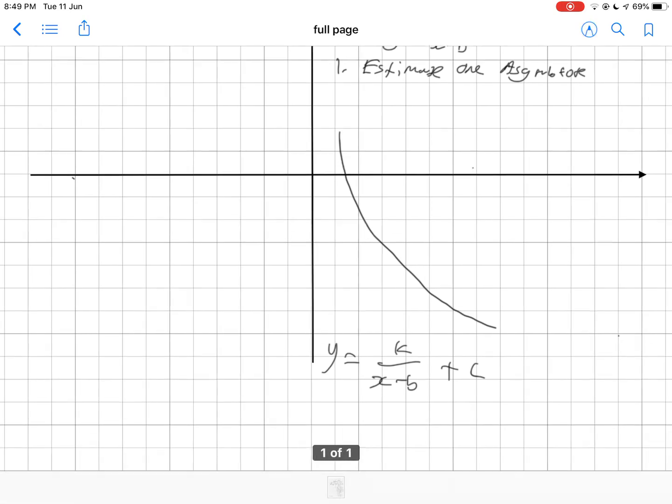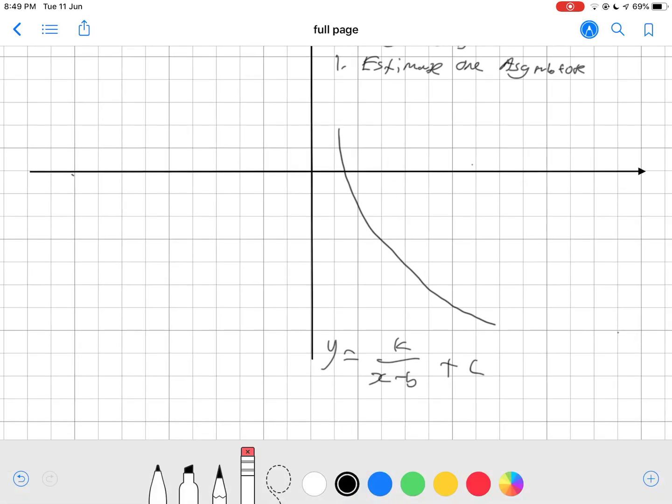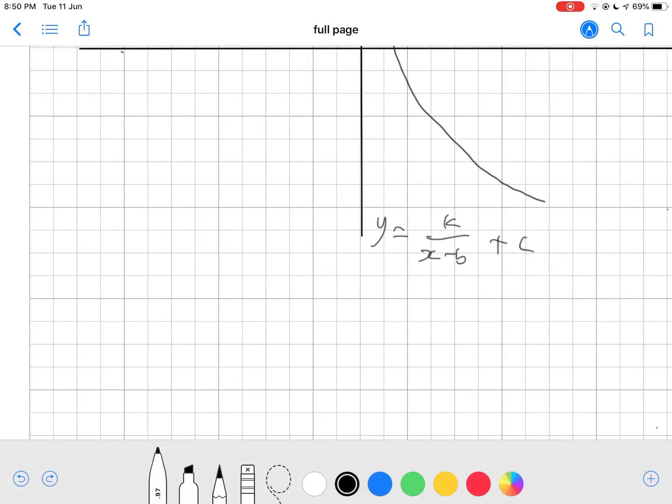So in this situation, I think the best way to approach it is to substitute your vertical asymptote as x equals 1, okay? So that's this asymptote right here. So if we say y equals k divided by x, we're going to substitute the vertical asymptote.